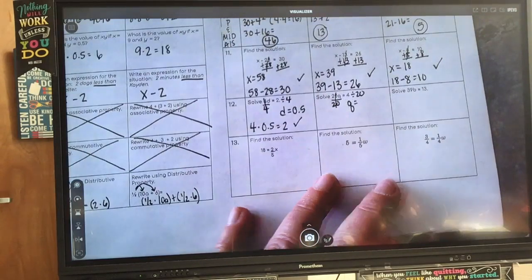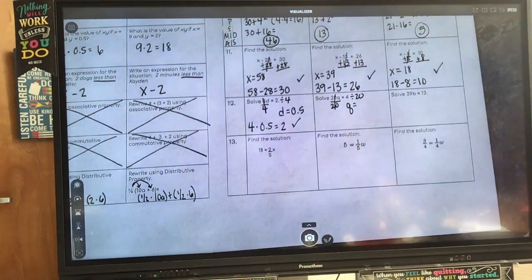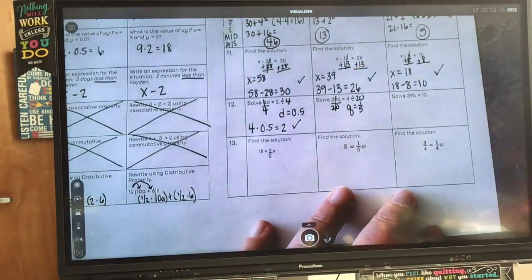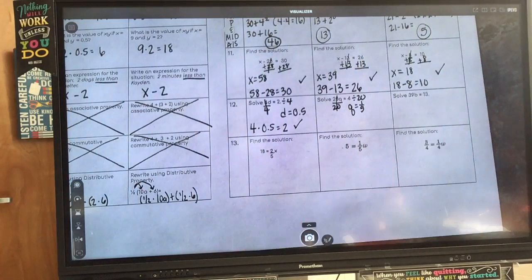Q is gonna equal what? 5. Can we simplify that more? Can 2 go into 2 and 10? Which will give me 1/5. But yes, 2/10 is also right as well. You just have to simplify it.